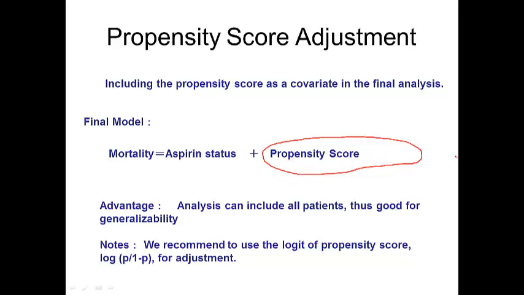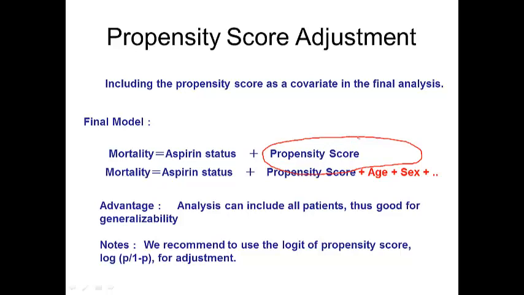So it is recommended, even after you include the propensity score in the model, to include factors which are highly influential on the outcome variable. So in this case, age and sex, and maybe CAD and other risk factors for death, as long as it is within the allowable number of variables.